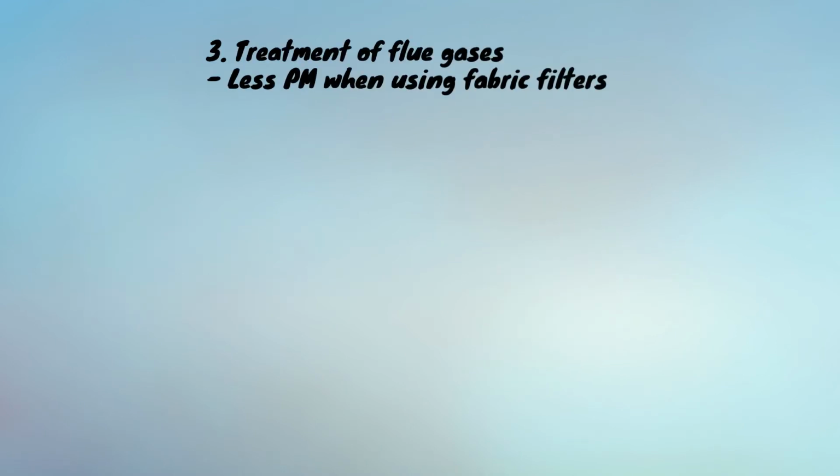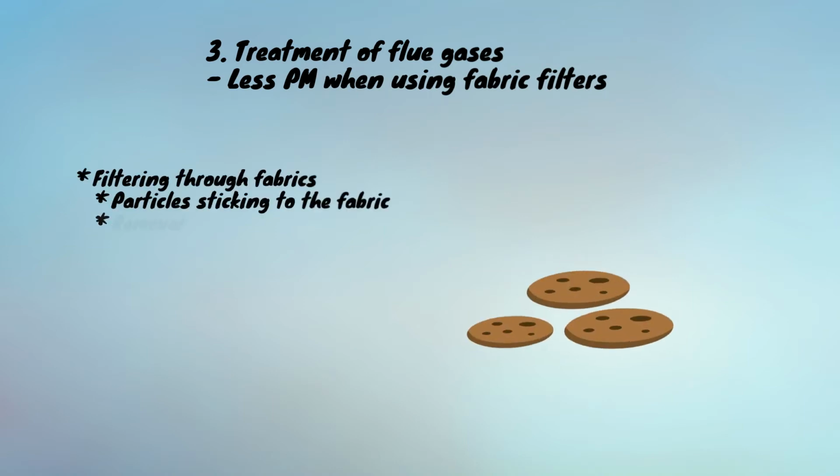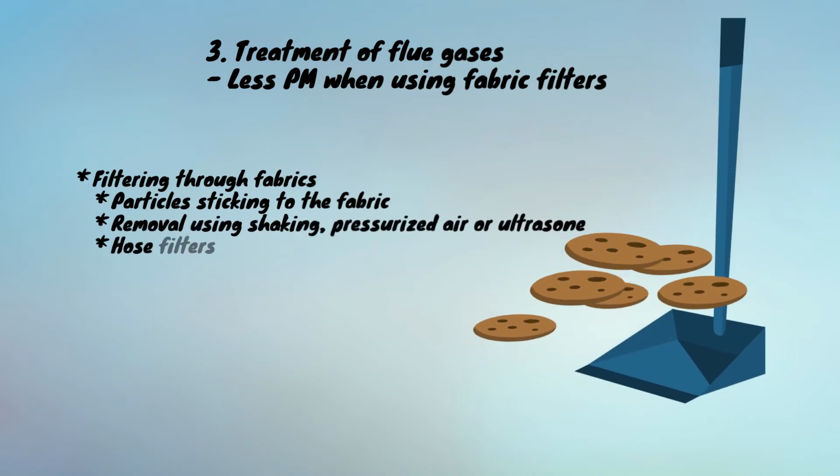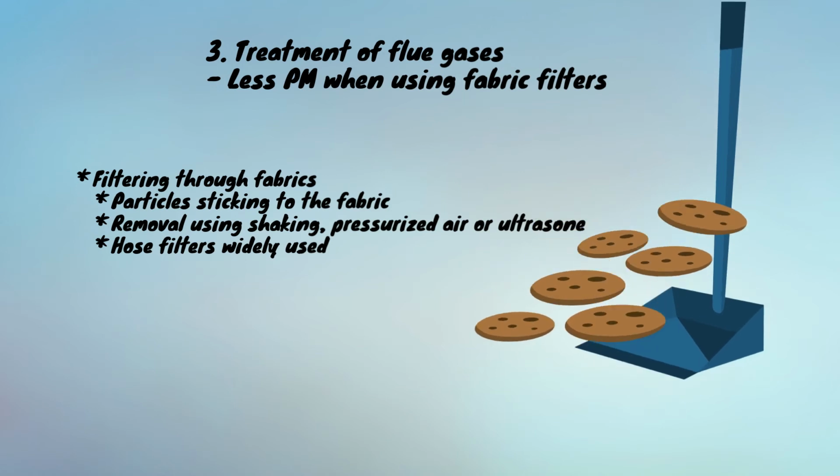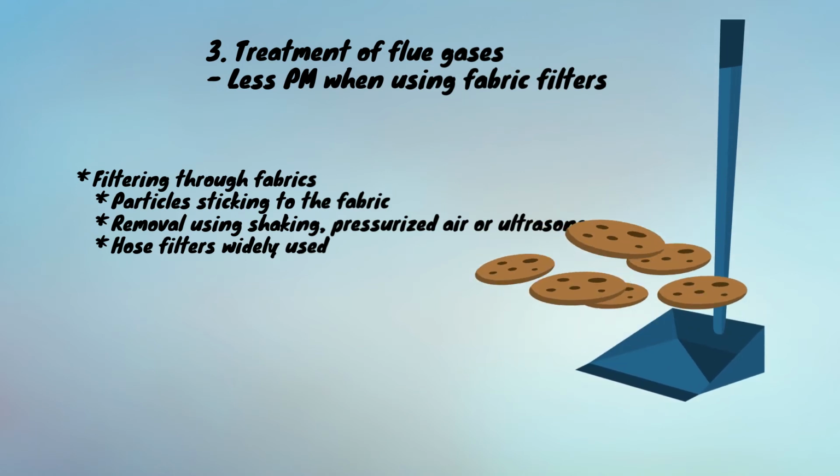Particulate matter can be removed using fabric filters. The flue gas flow is taken through a fabric and particles stick to the fabric. Shaking, pressurized air or ultrasound may be used for the removal of particles.